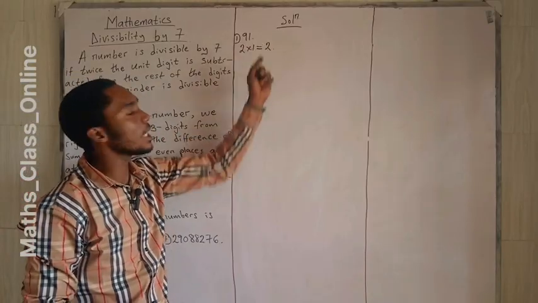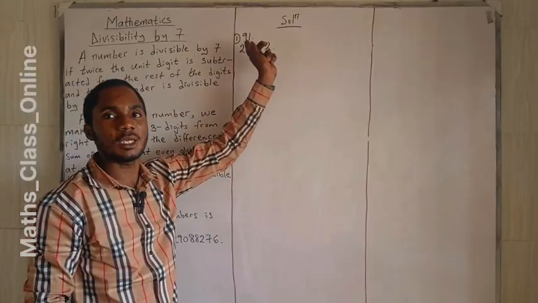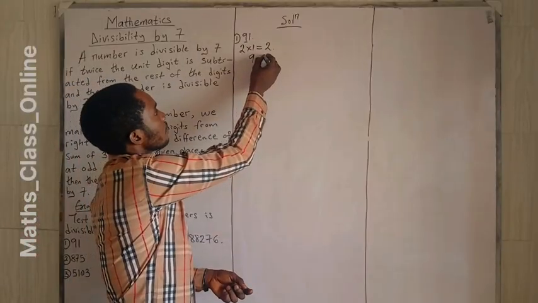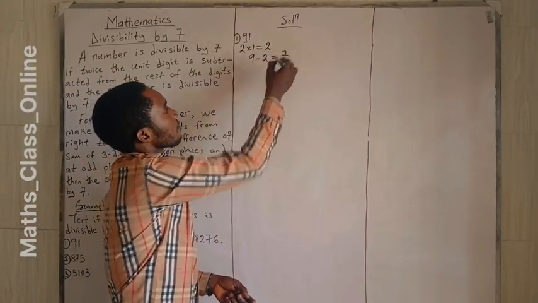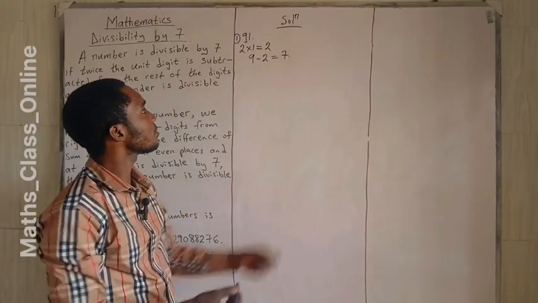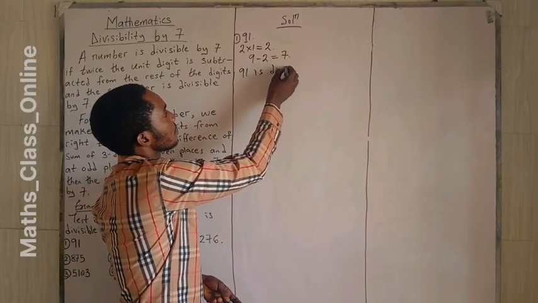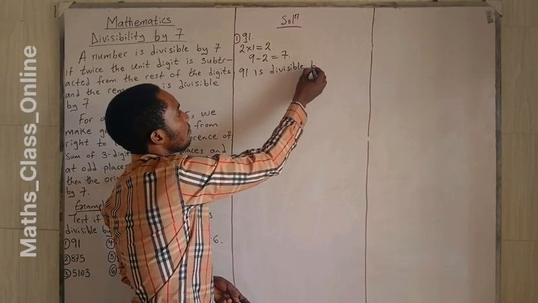The rest of the digits here is 9. We are going to subtract 2 from 9. Can 7 divide 7? Yes, 7 can divide 7. That means that 91 is divisible by 7.